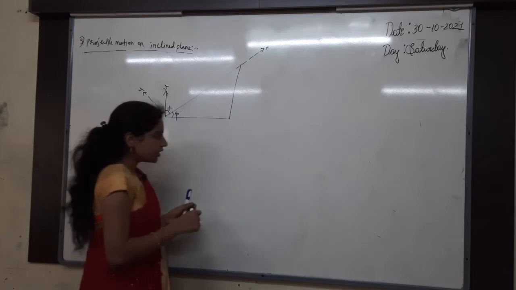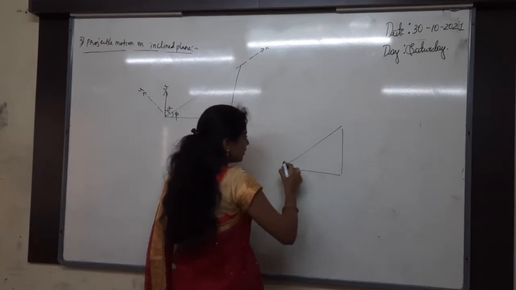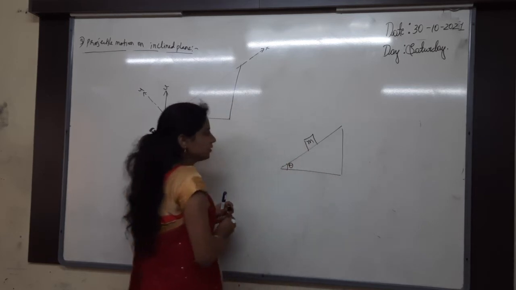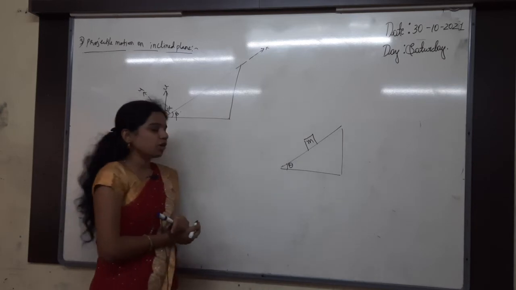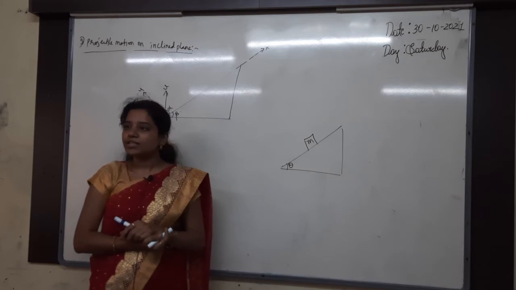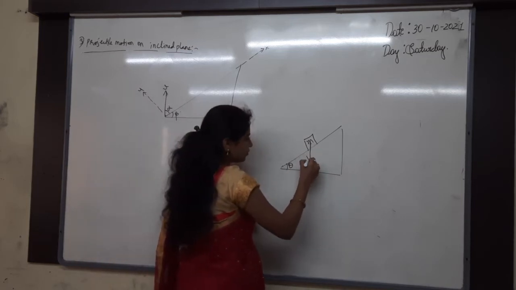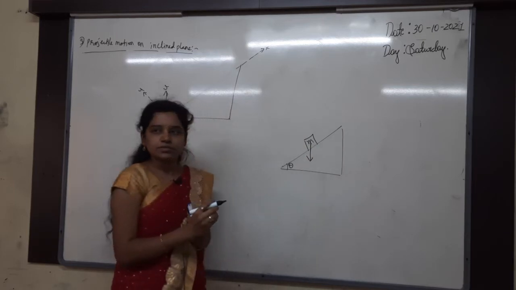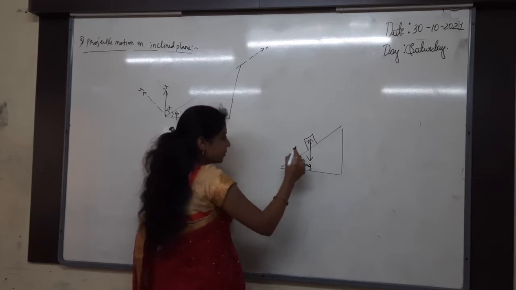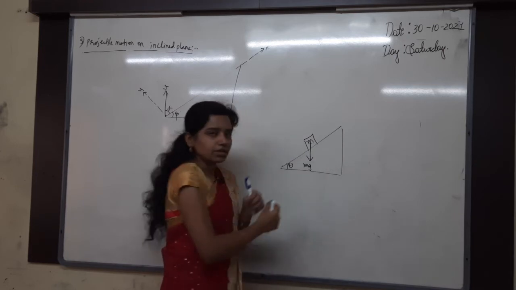First of all, how to take the components of g on the inclined plane. For example, if I take an object of mass m here, with an angle theta here, how to take the components along the inclined plane? mg sin theta will be there. How does it come? Whoever did not come for the first classes, listen properly. Downwards, what will always act? mg will act. This mg has two components because it acts vertically downward.